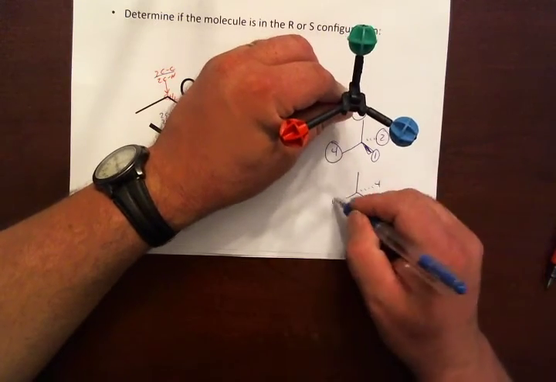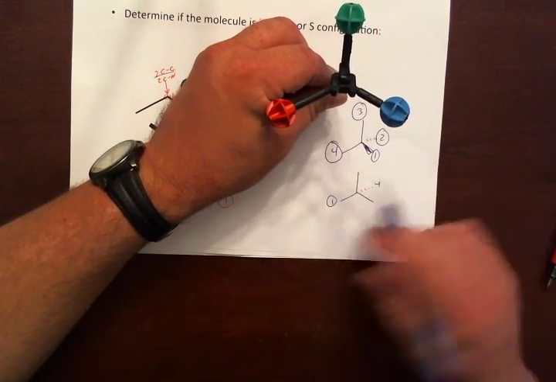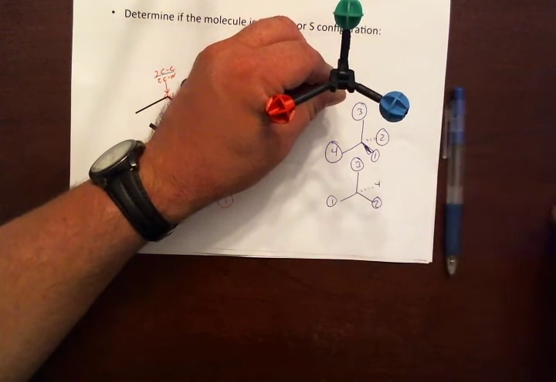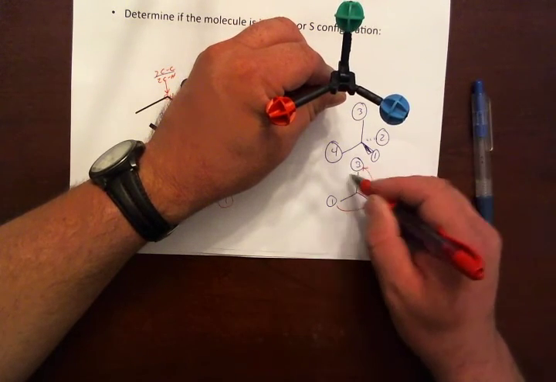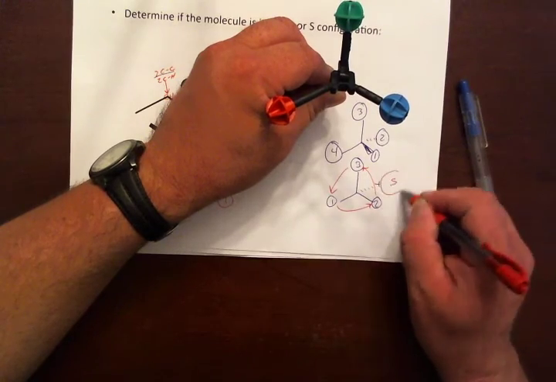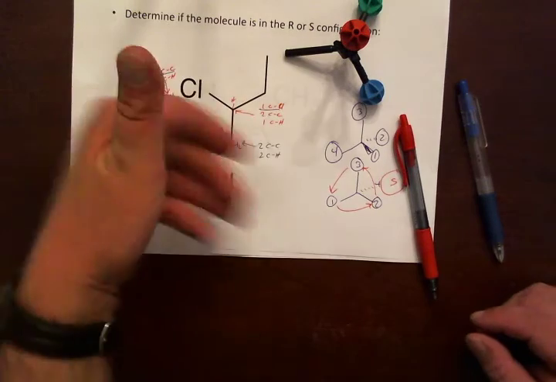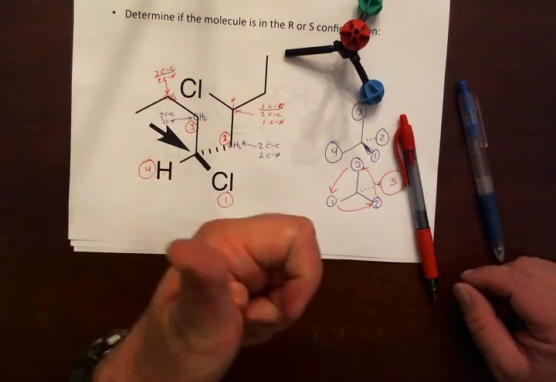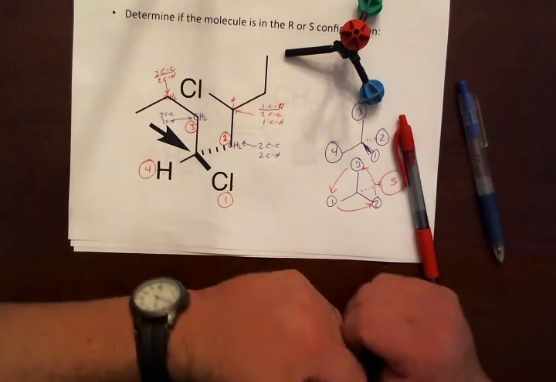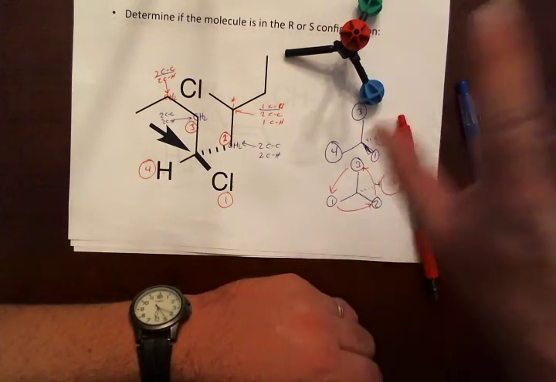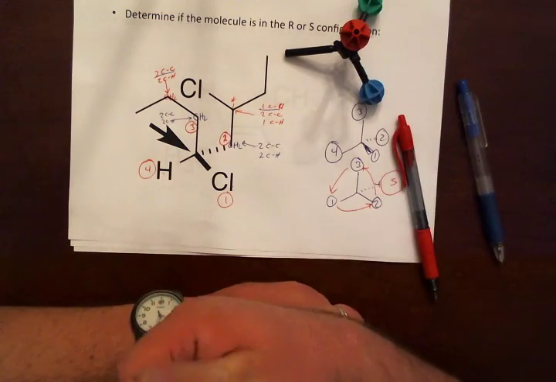So the 1 is over here, so this rotates over here, the 2 rotates forward, and the 3 rotates over there. Since I'm going counterclockwise, it's S. And again, if we used our right hand in the hand method, that makes it S as well. If it was clockwise, it'd be R. If we swept with our right hand, it would be R.